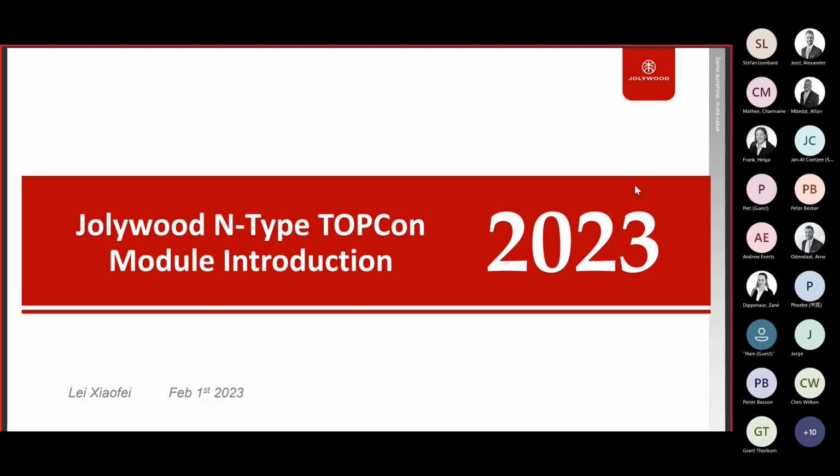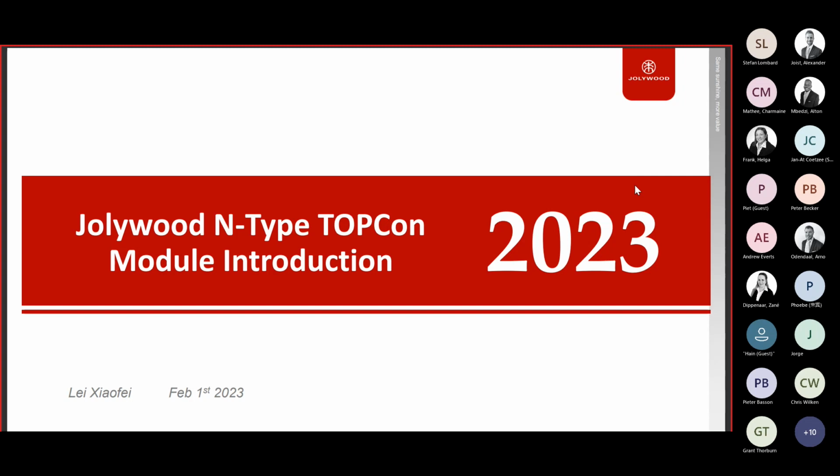to give us this chance to give an introduction of Jolywood and TopCon modules. Okay, I can begin with my presentation. First we introduce Jolywood. Jolywood is the first company to push the N-type TopCon solar cell technology from the lab to production in 2016.